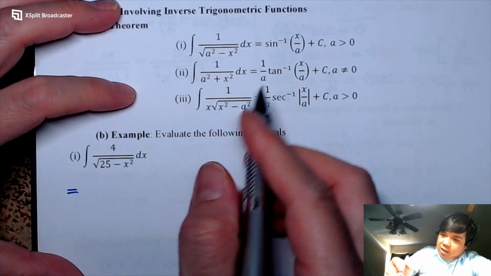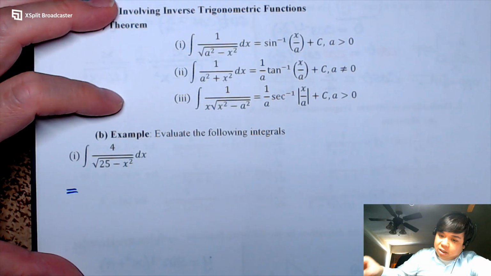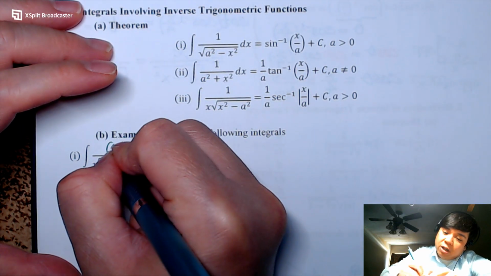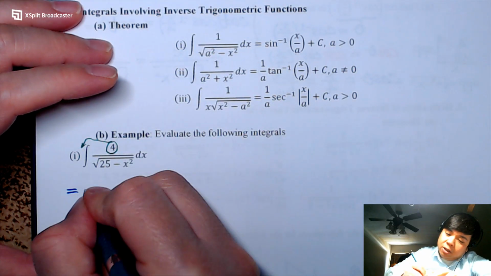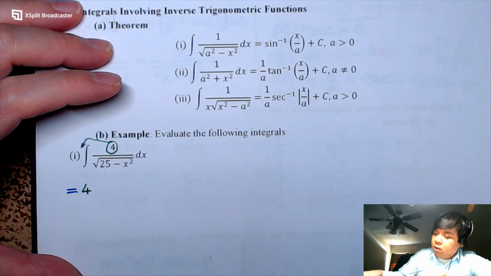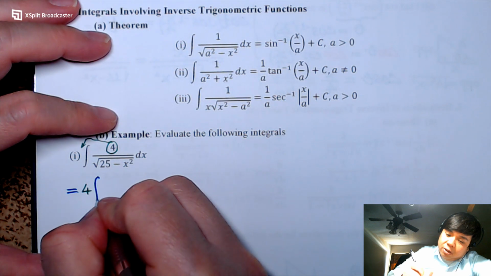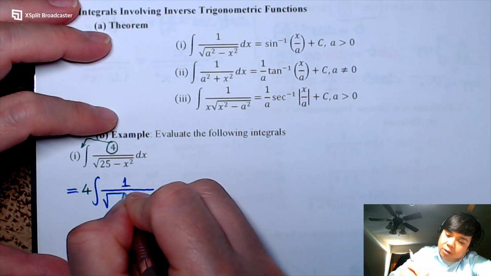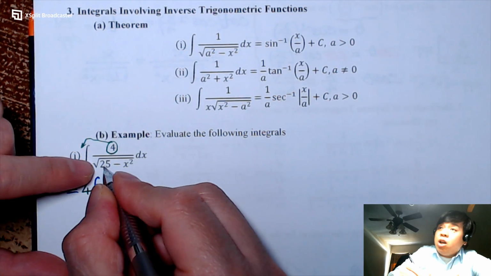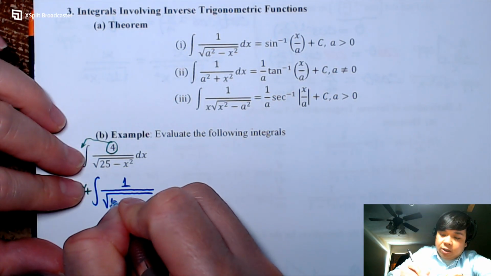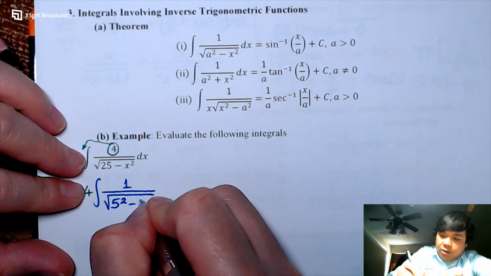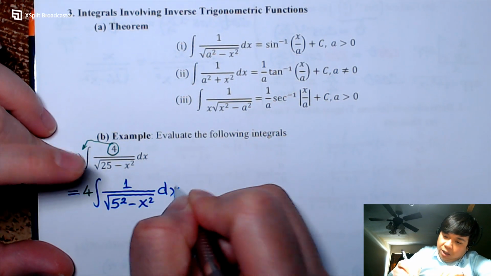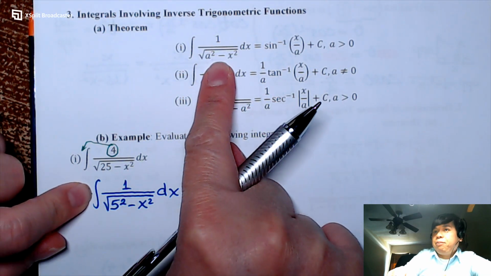So for that, to look exactly like that, we'll take the 4 outside. And then we have the integral, I can write 25 as 5 square, minus x squared dx. Now this looks exactly like that, right?